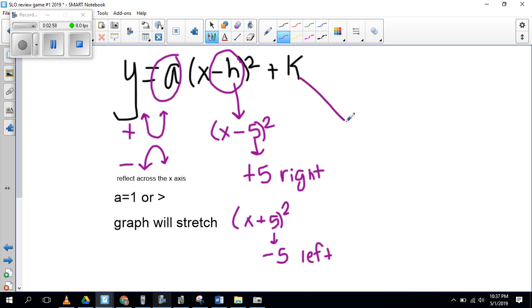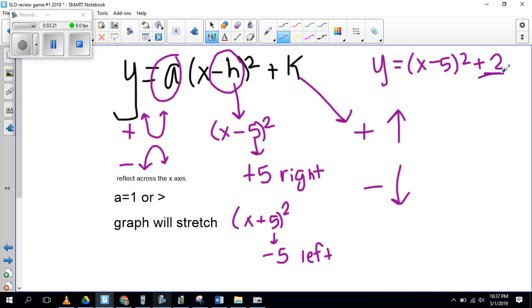Okay? And K is just straightforward. I think that's one of the easiest ones. If K is positive, it's going to go up so many. If K is negative, it will go down. So for instance, if I had y equals x minus 5 squared plus 2, our K is right here.